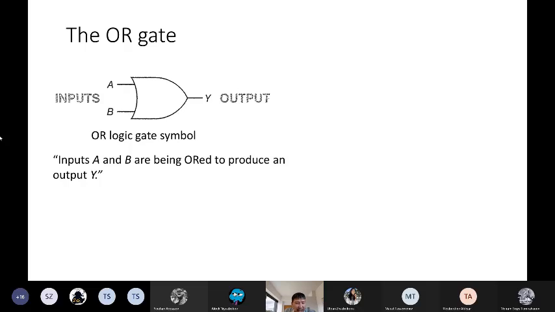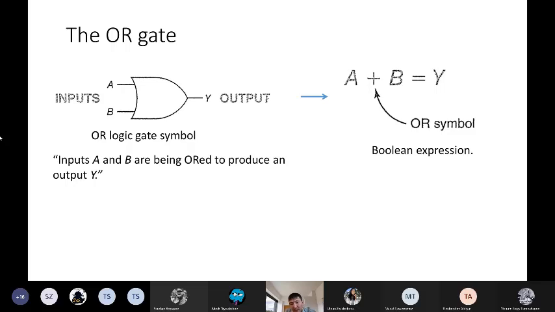We can say input A and B are being ORed to produce an output Y. Also we can write a Boolean expression. Here you can see a plus symbol, but it's not plus, it's just the OR symbol in Boolean algebra. So you can use this representation or this.